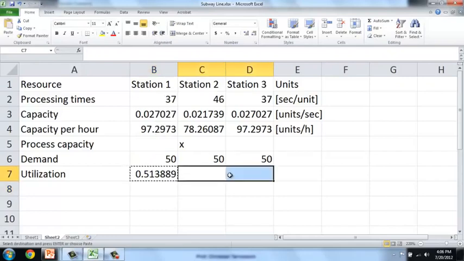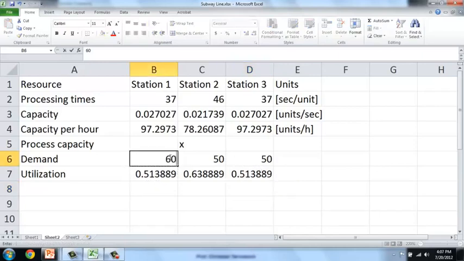You notice that the utilization is higher at the second station, the bottleneck, with 63%, and then again it's 51% at the last station. If there is more demand coming our way, so if we improve here the demand rate from 50 to 60, the utilization goes up. Notice that according to our definition, though, the utilization can never exceed 100%, because the flow rate is a minimum between demand and capacity.